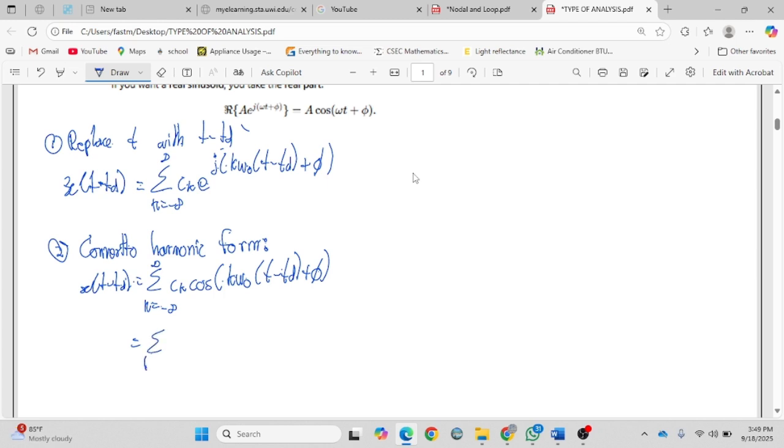So we have k omega naught t plus phi and then minus k omega naught td. Okay, so we have this.